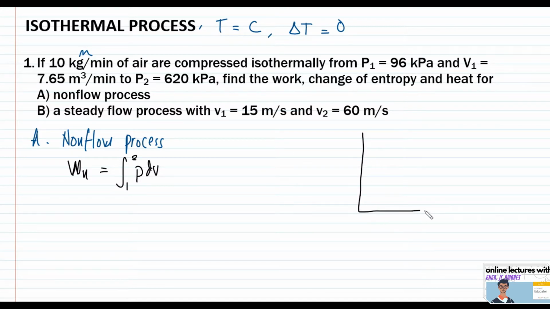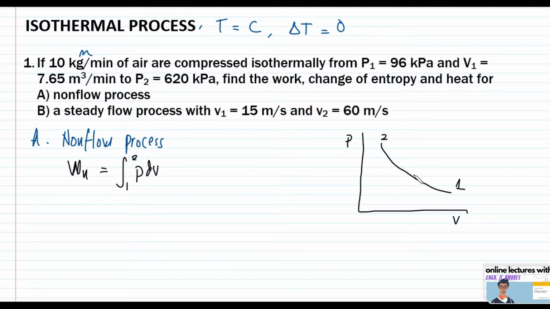Now we could visualize that using our PV diagram, and since this is compressed isothermally, here you have P1 of 96, this could be your point 1 and this could be your point 2. The pressure increases, and since the air is compressed, the volume also decreases.